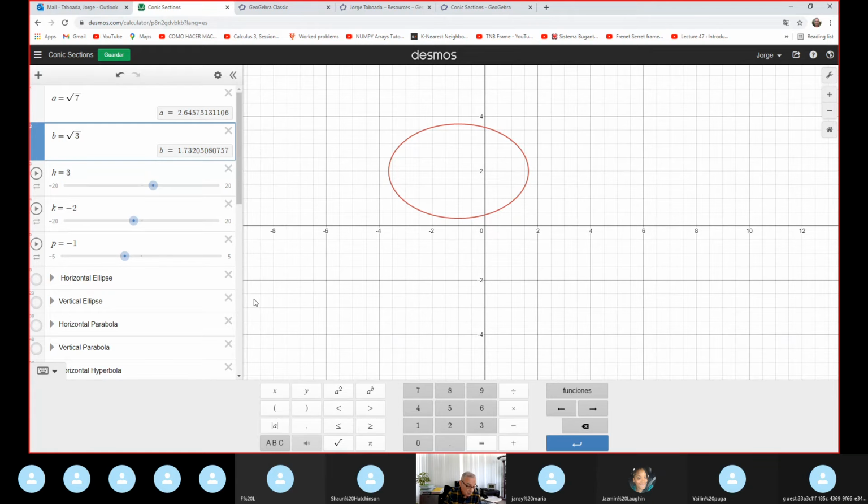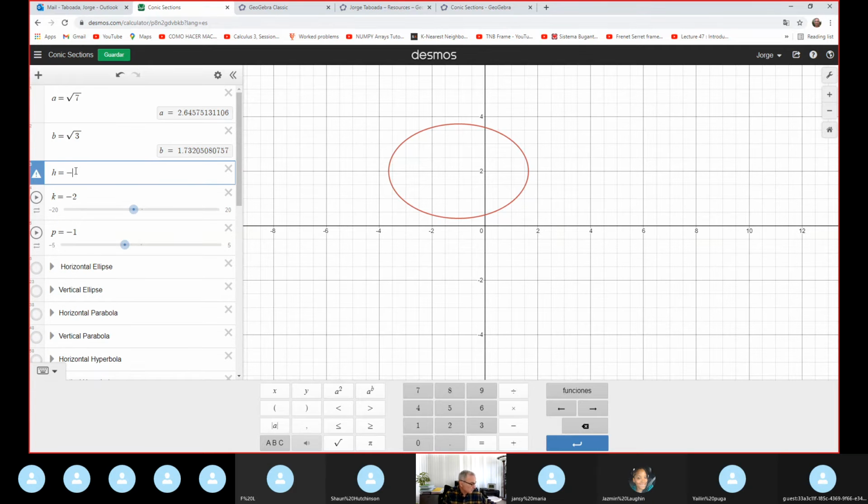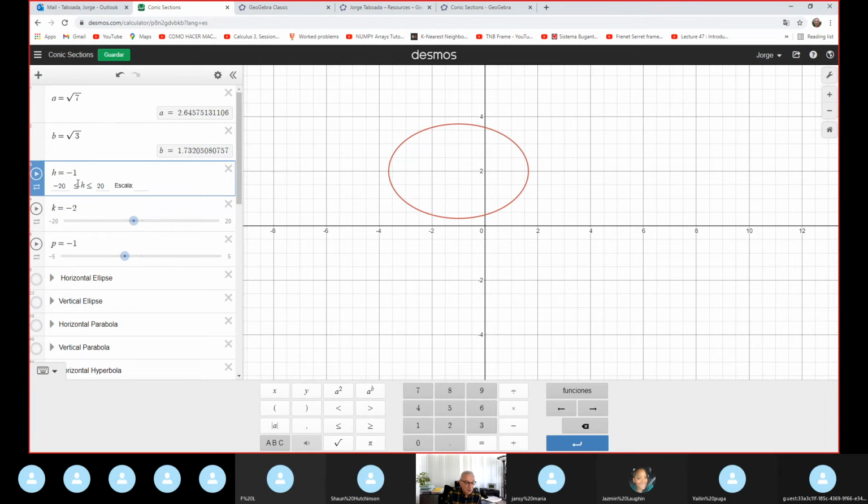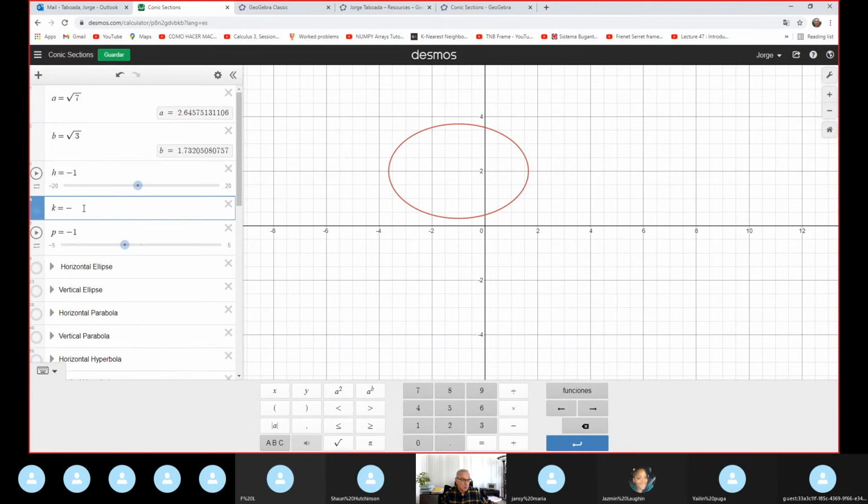And one more piece of information we need: h and k. h is -1. You see, the center, yeah. h is -1. k is +2, positive.